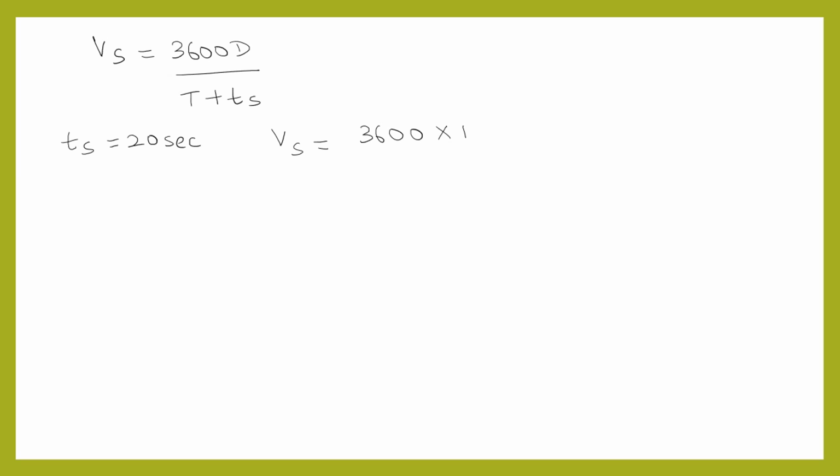So Vs equal to 3600 d by t plus ts. For a station stop of 20 seconds, we get Vs equal to 3600 into 1.022 by (104 plus 20).